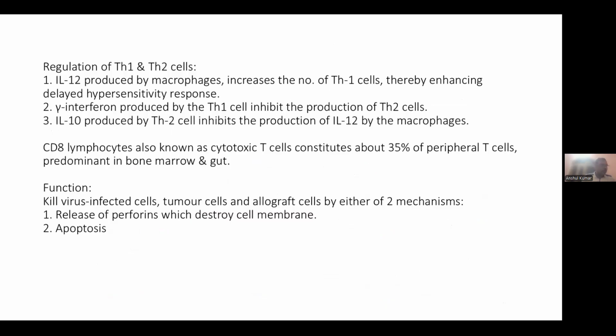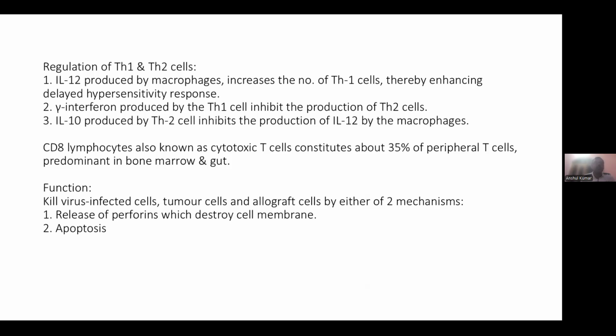So here are some of the important regulations regarding T helper 1 and T helper 2 cells, and how they are formed. Interleukin 12 produced by macrophages increases the number of T helper 1 cells, thereby enhancing the delayed hypersensitivity response, and gamma interferon produced by T helper 1 cells inhibits the production of T helper 2 cells.